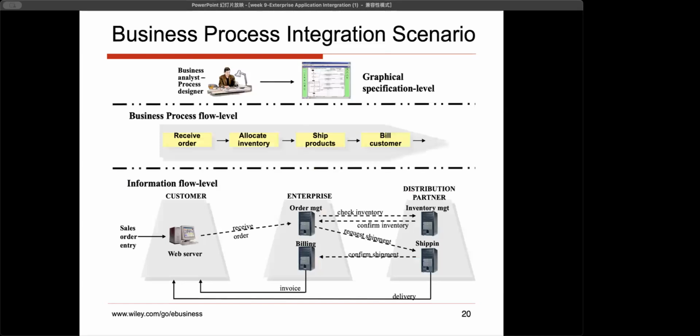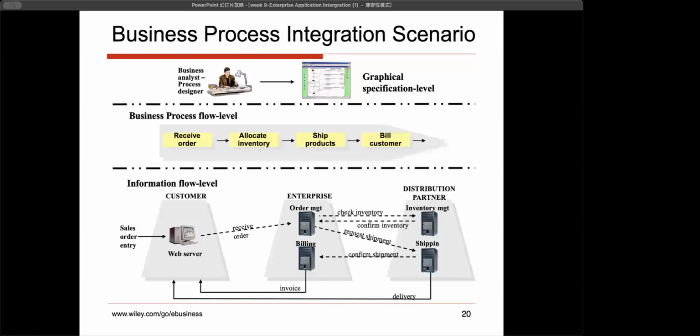So here we can see the structure, the different aspects. The first one, you can see the business analyst process designer will design the graphical specification level, and the business process flow level. We can see the order received and allocate inventory and ship product and bill customer.